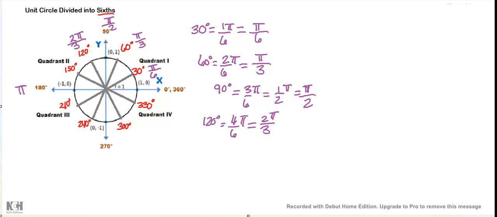Continuing on another 30 degrees brings us to 150 degrees. All right, so we're up to 5 of them, which is already reduced. So I will write it right here.